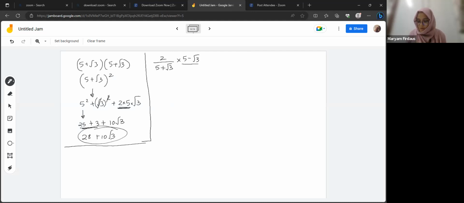Munir, yes, let's do it step by step. What does the numerator become, Munir? I couldn't hear you.